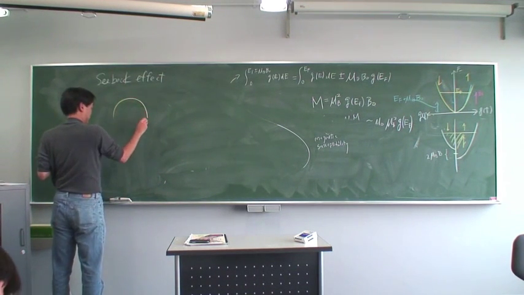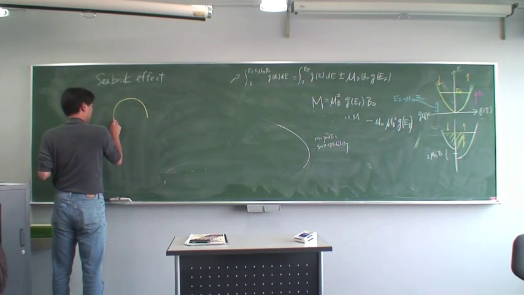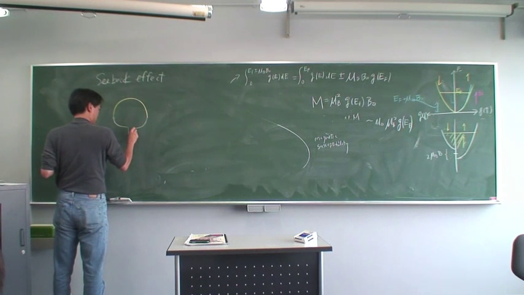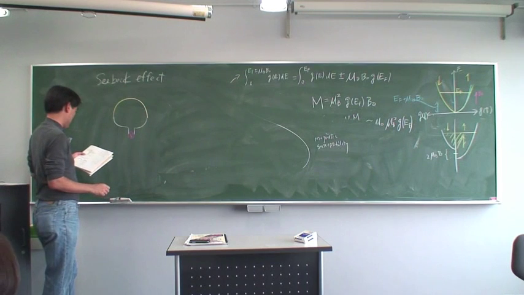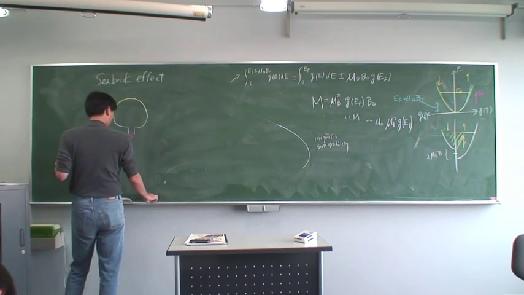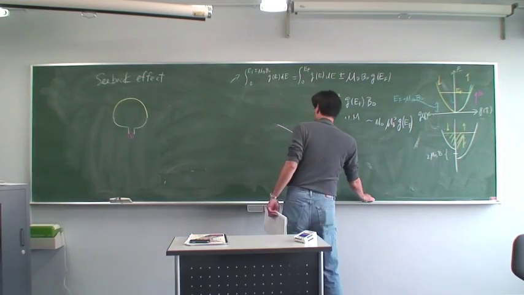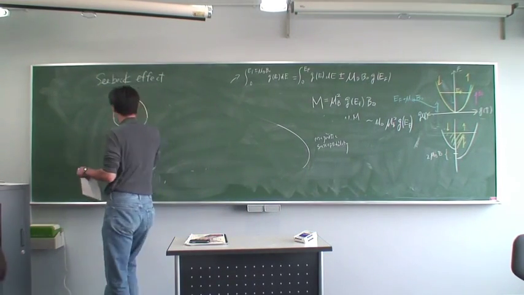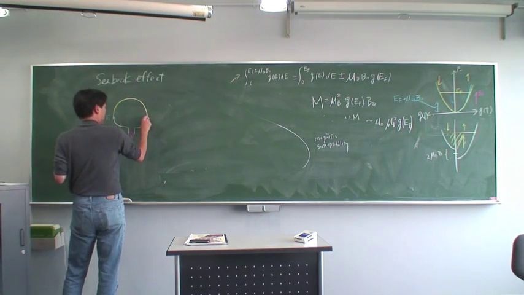Here's one metal. Here's other kind of metal. And that is connected to voltage source. Okay? And there's temperature. Here's temperature T1. Here's temperature T2.